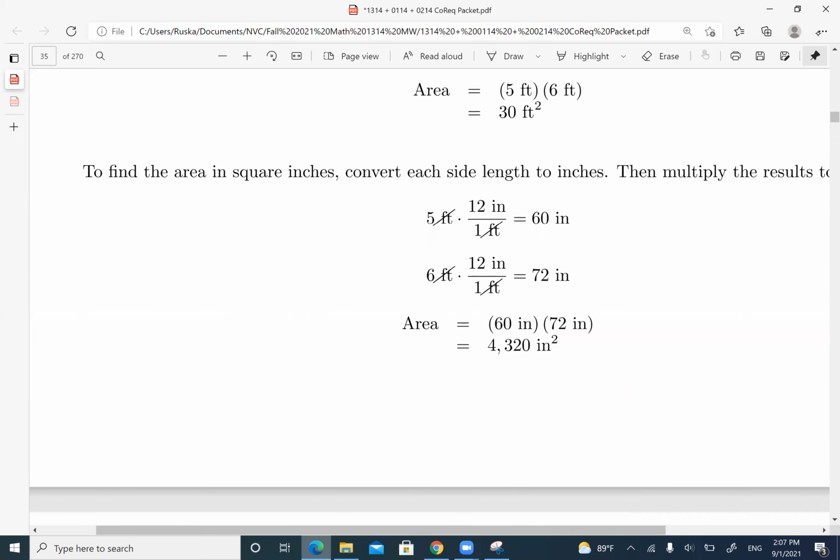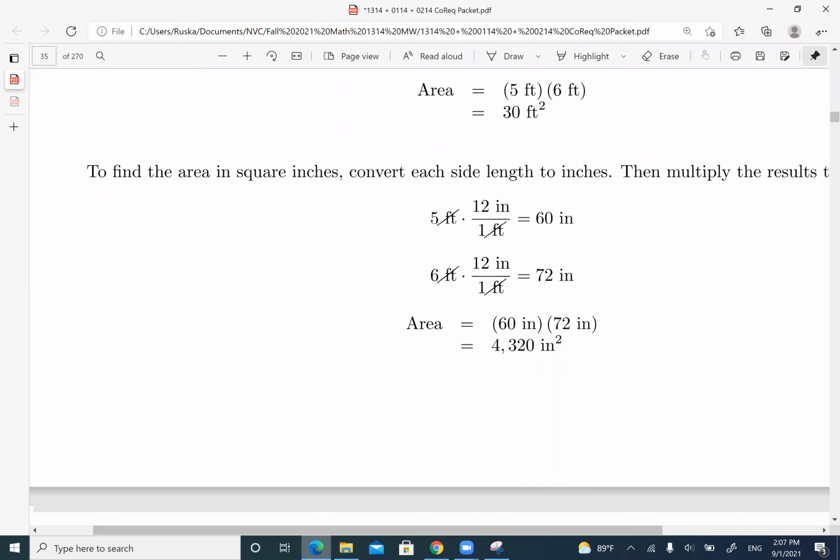Instead of 6 feet, you have 2 feet. You multiply by 12 inches and 1 foot in the bottom, because you always want to cancel the feet, and the feet are going to cancel. And the answer is going to be in inches. So right here, you cancel the foot, and you're left with inches. You multiply 6 times 12 is 72 inches. Okay? Okay, thank you. You're welcome.